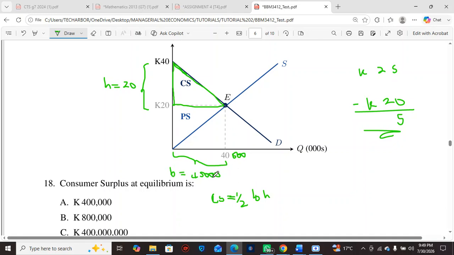So you say half times 40,000 times 20. Okay, so half of 20 is 10. 10 times 40,000, 400,000. So this is the consumer surplus, 400,000.